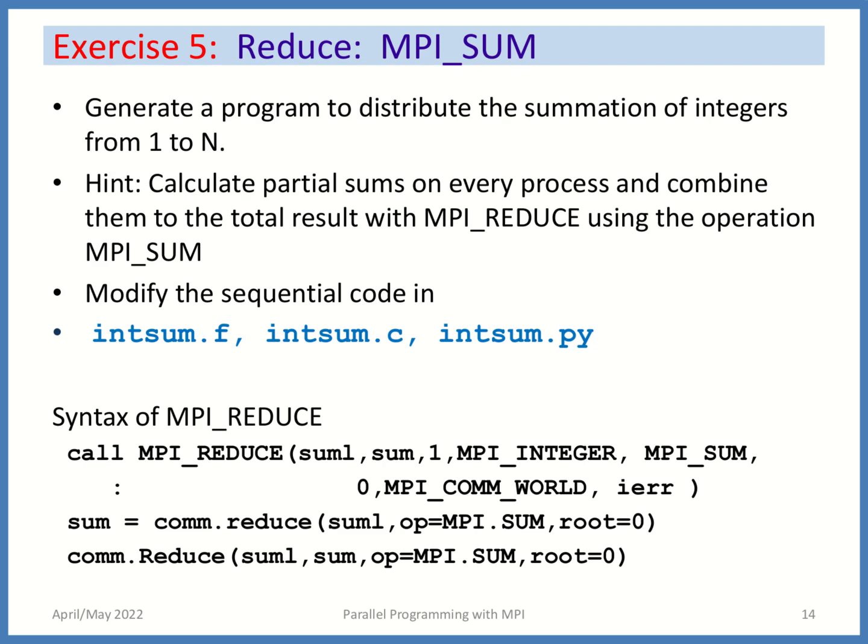I have given you a skeleton for this, to do it in a serial way, and you should do the same thing now in parallel by distributing the total sum into partial sums on each process, and then use the reduce operation with a sum operation to collect all the partial sums into the total sum.